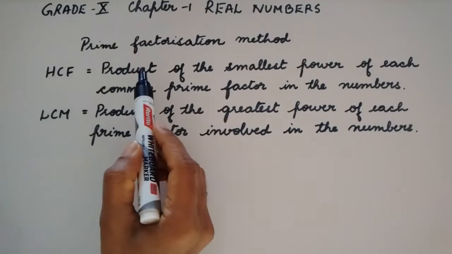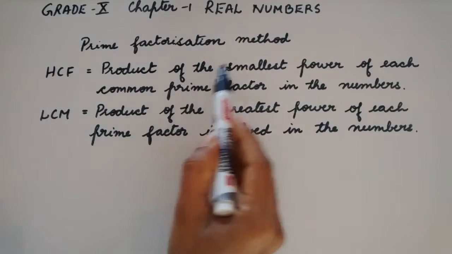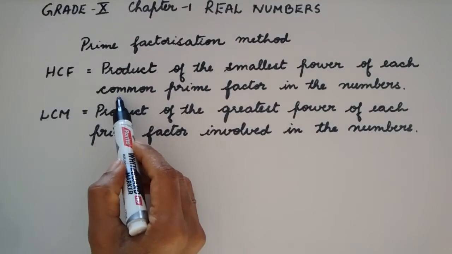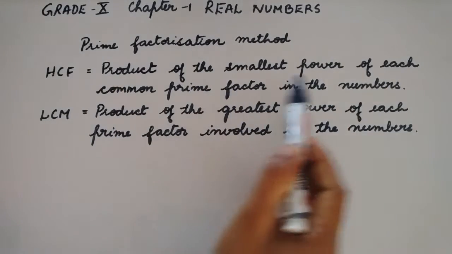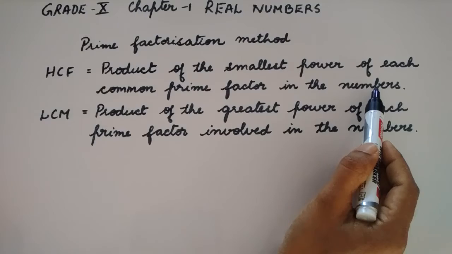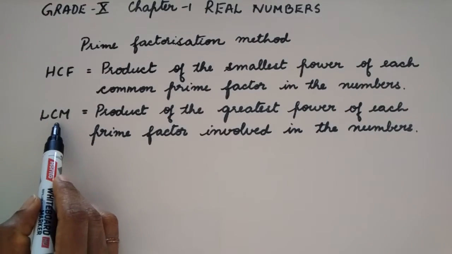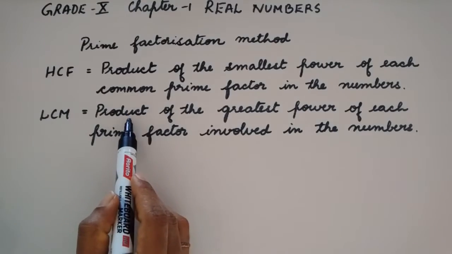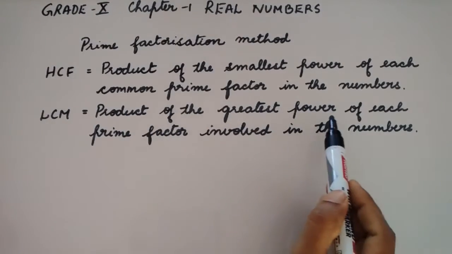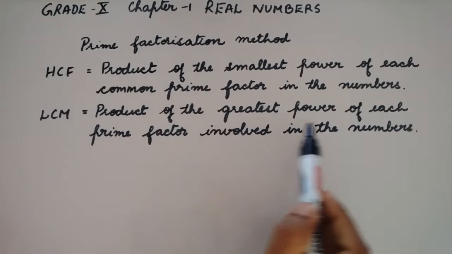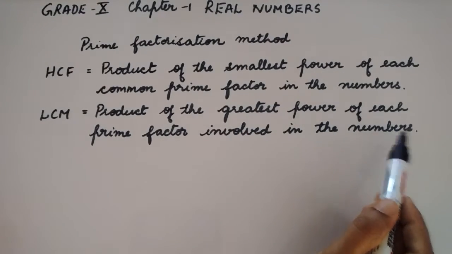Highest common factor is the product of the smallest power of each common prime factor in the numbers. And what is LCM? The least common multiple. It is the product of the greatest power of each prime factor involved in the numbers.